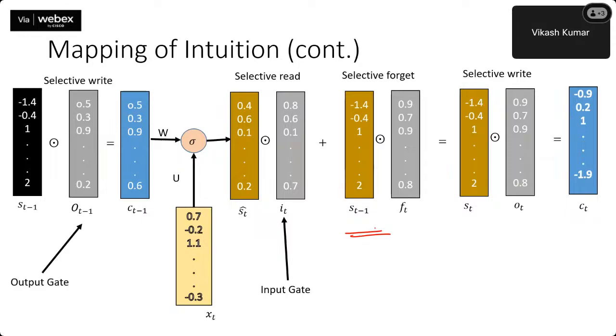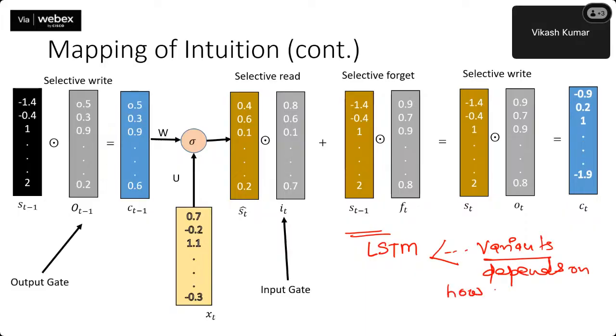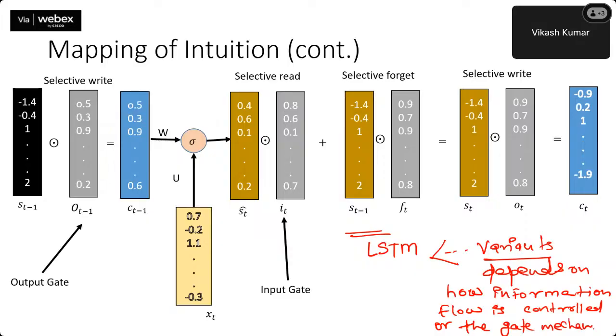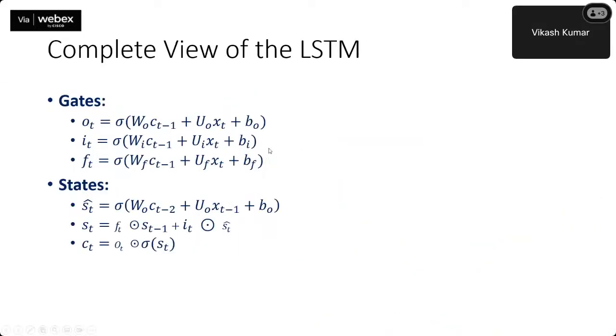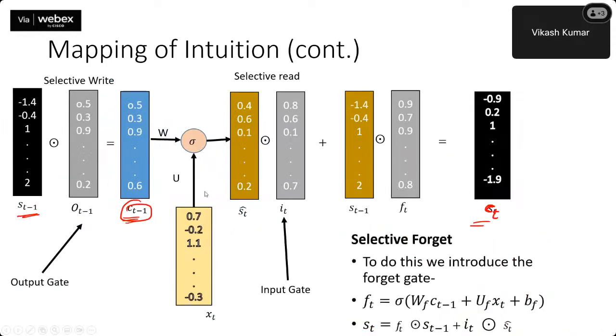The baseline is the LSTM having different variants, and that variance depends on how the information flow is controlled, or how the gate mechanism is applied. This is one view of what the LSTM can look like.